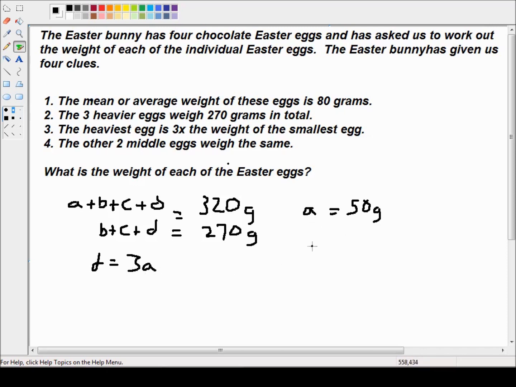So D is equal to 3 times 50 grams. So right now I've got the weight of the next egg. D is equal to 50 times 3, 3 times 5 is 15, so this is 150 grams.